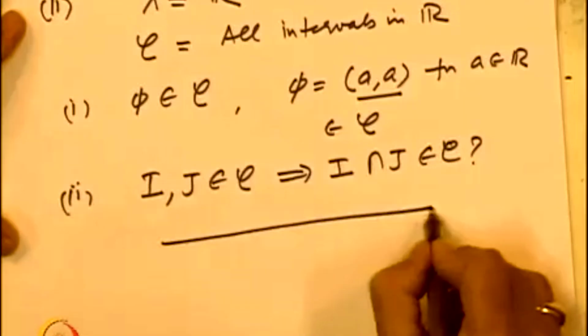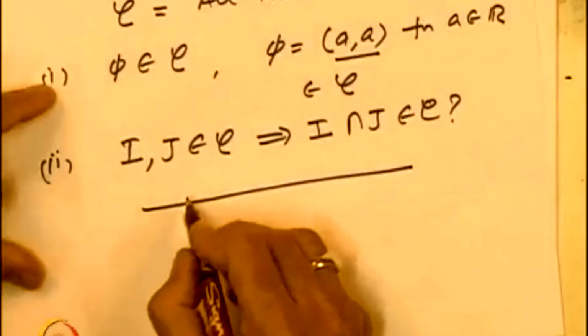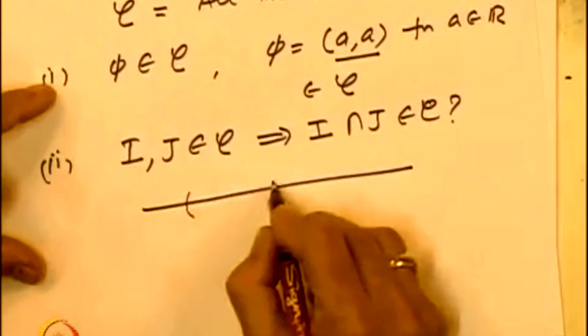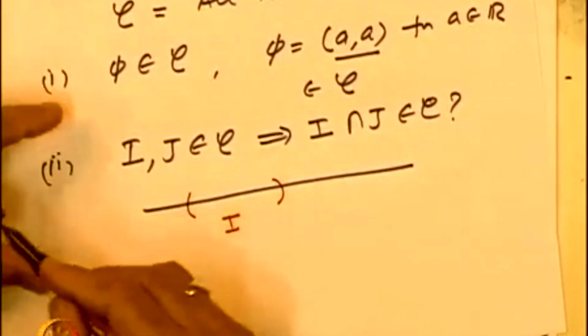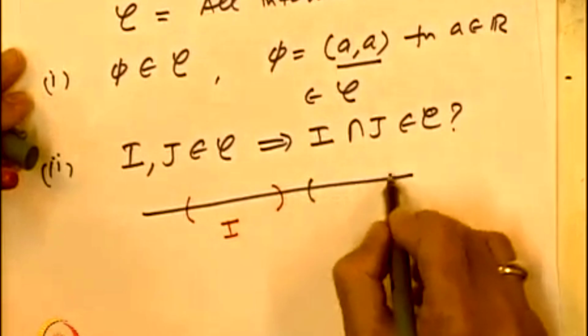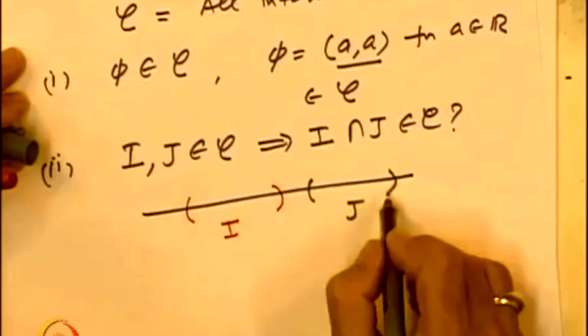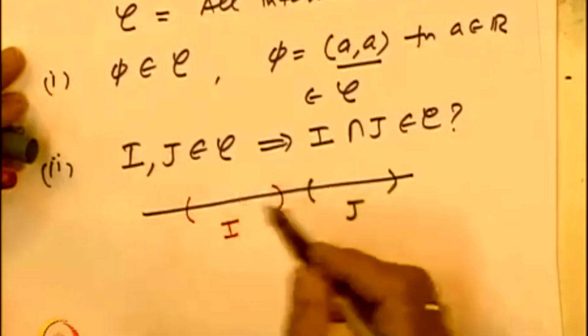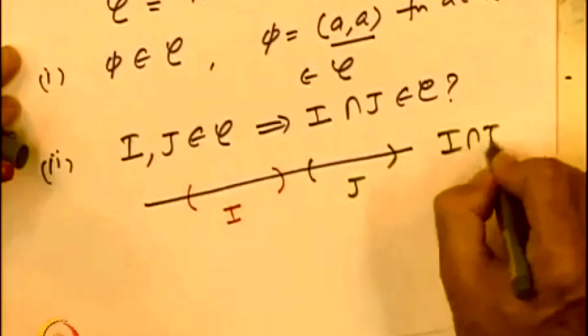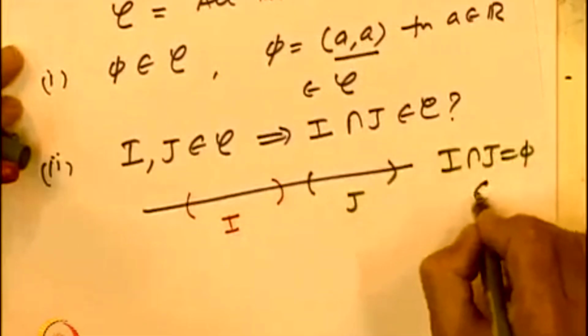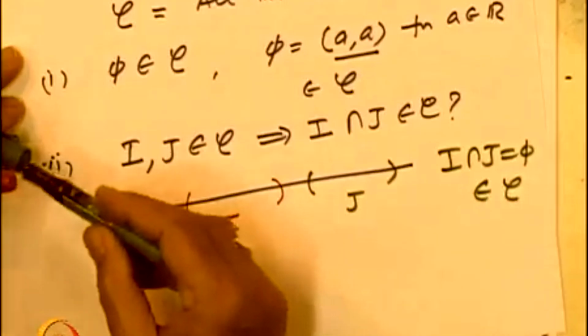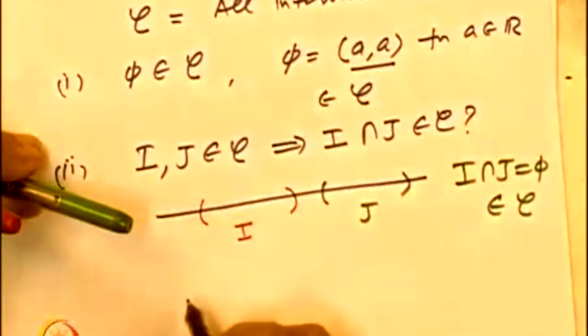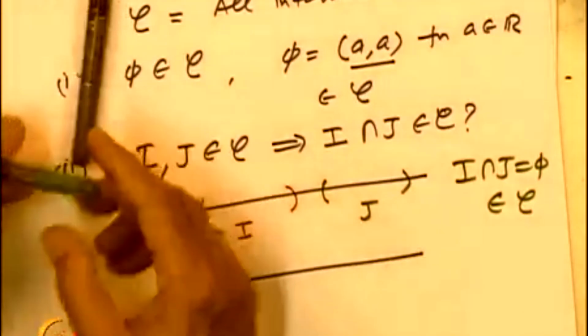Let us check in the picture. Let us take two intervals I and J. So let us say here is the interval I and here is the interval J. So one possibility is that they are disjoint from each other. So here I intersection J is empty, so hence belongs to C. What is the other possibility? Let us take they intersect.